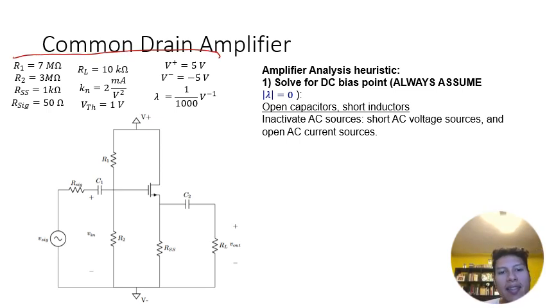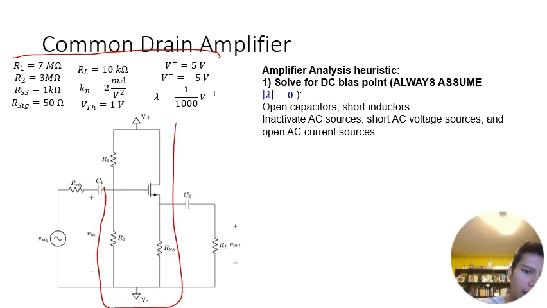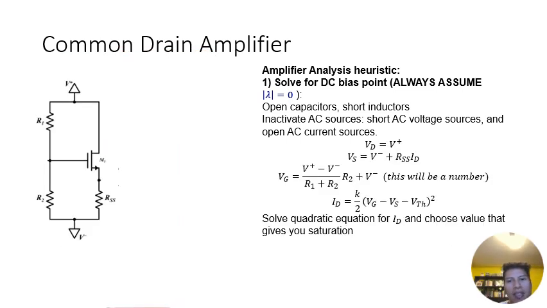And so to analyze this circuit, we first find the source term. So remember that we're only going to need to look at this particular sub-circuit. And so we're going to separate that out. And so here's the circuit that we will get. And then we have that VD equals V plus because there's no RD.